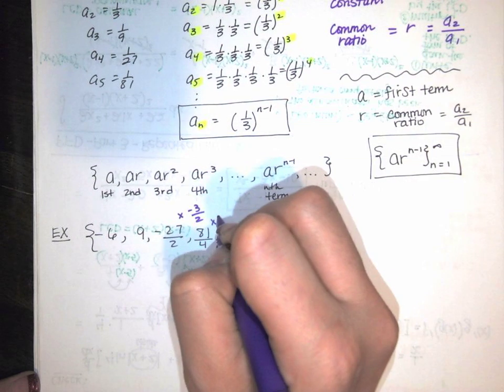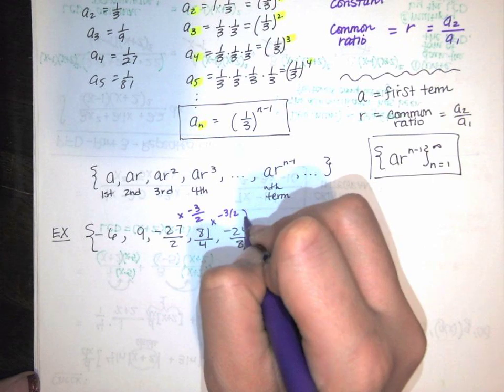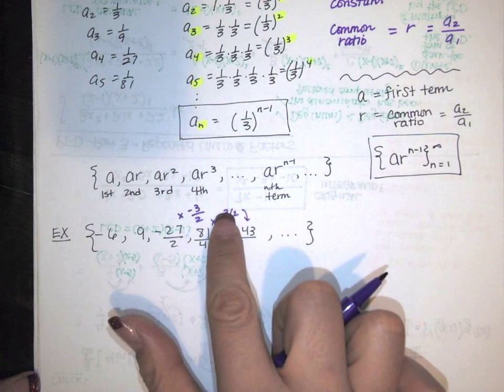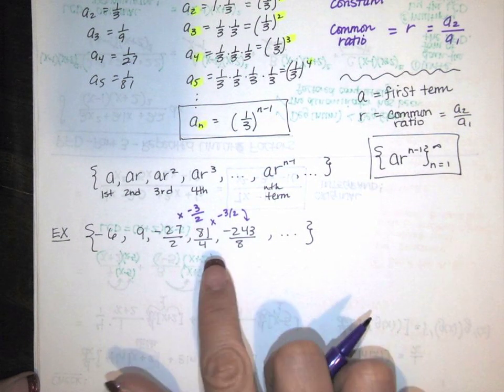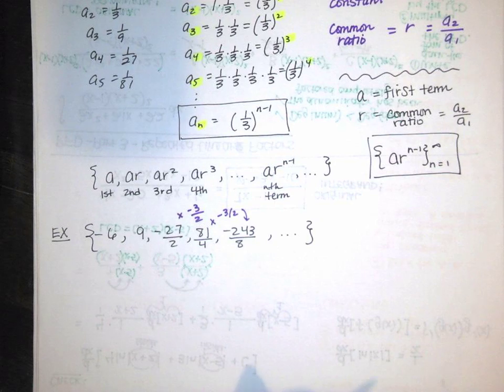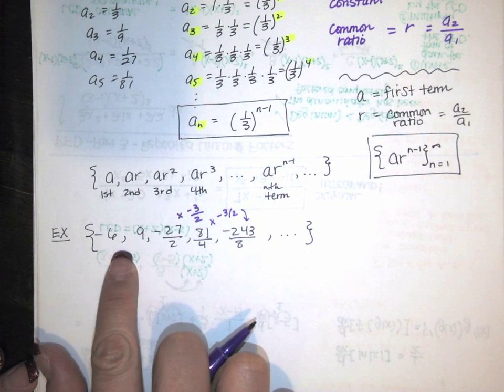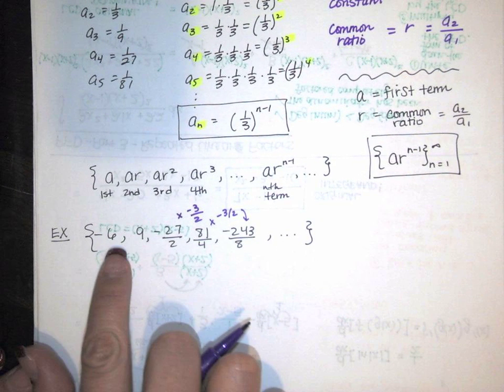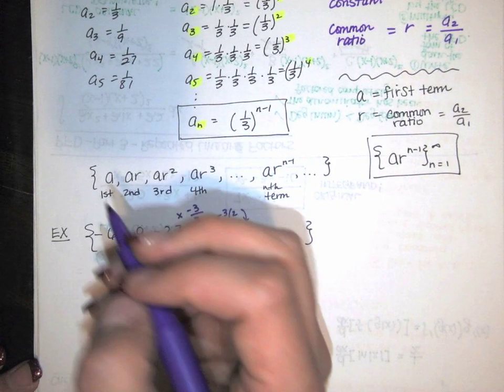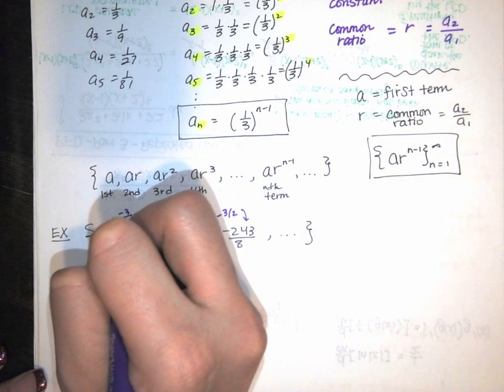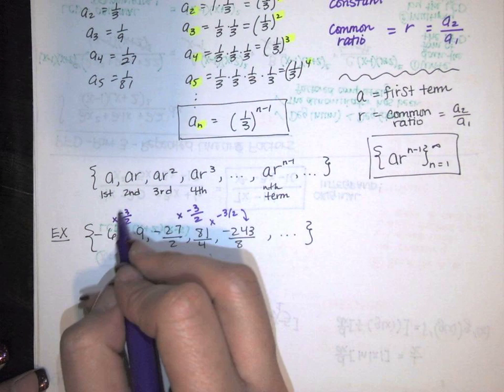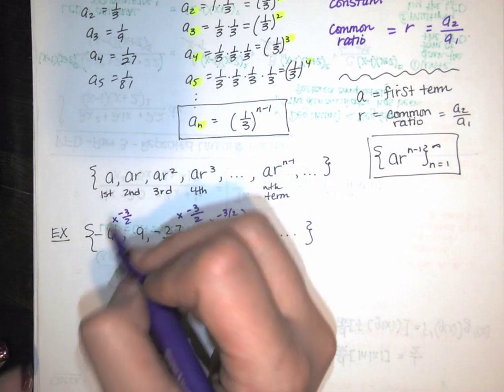If I multiply that by -3/2, do I get that? 81 times -3 is -243. Yes. 4 times 2 is 8. Yes. So we're good. Question is, does it go backwards? Is -6 times -3/2 equal to 9? Well, 18/2 is 9. Yes, that works.